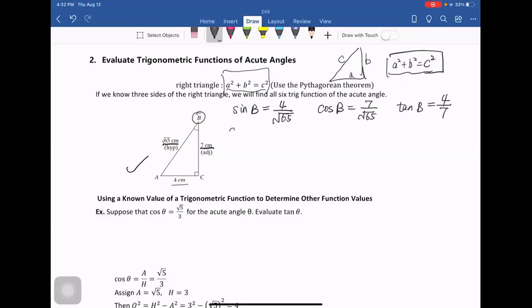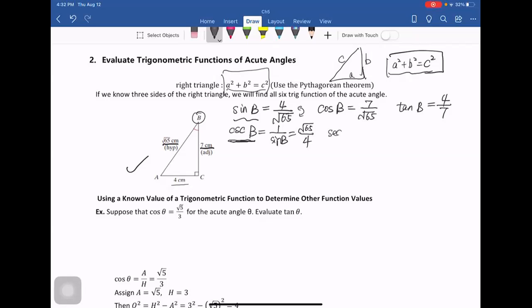And cosecant B equals what? That's the reciprocal of sine B. So actually you don't need to memorize the cosecant. You just know that's 1 over sine B. Or you just flip it. That is square root of 65 over 4.